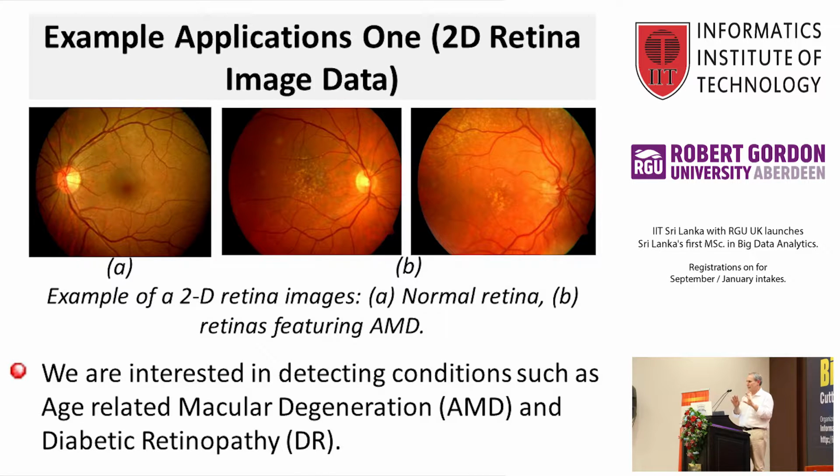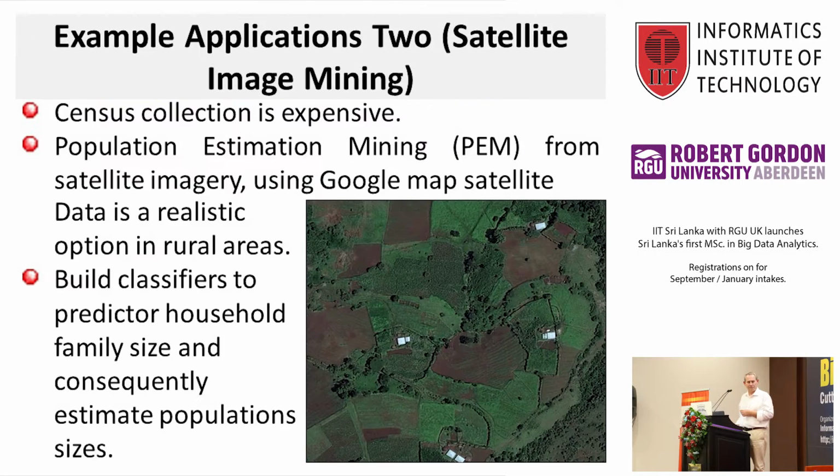So the point is, it's actually quite difficult for a computer to analyze these and differentiate between the two. But we can do this to quite a high degree, we've got 98% accuracy on some occasions, differentiating between these images, although at face value it's not clear. So this is normally done by experts in hospitals, trained clinicians. So this is a 2D image data set.